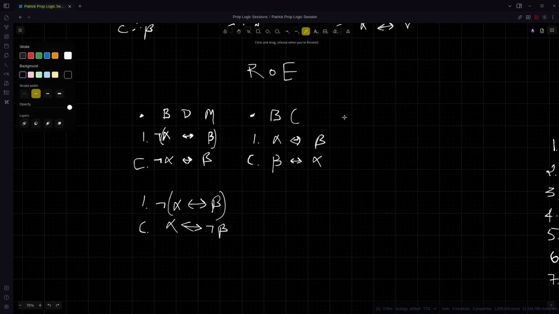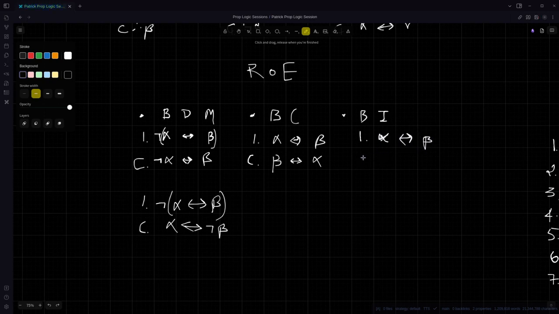The other thing you can do is a biconditional inversion. You remember contrapositives?